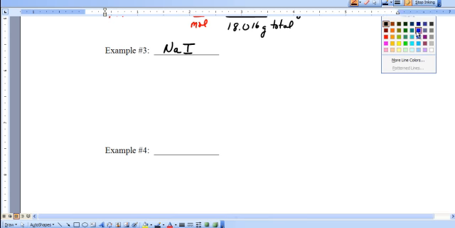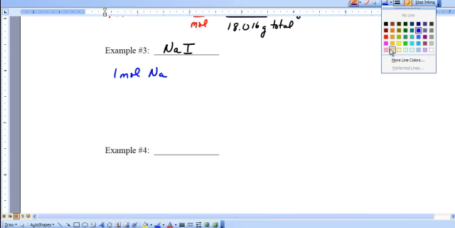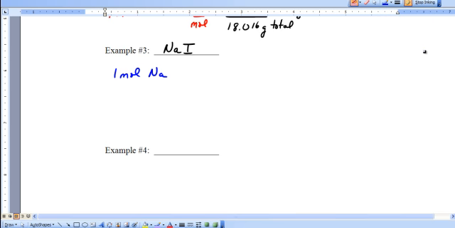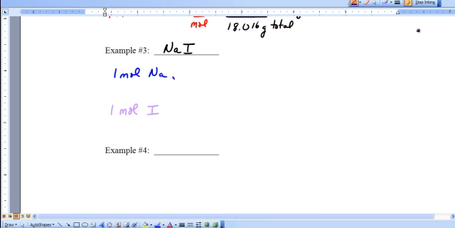So let's go ahead and write this down. We have 1 mole of sodium, and we have, let's go with a purplish color here since iodine is a purple substance, 1 mole of iodine, I. Now we want to change that into grams because it is a mass percent, or when you're dealing with percent composition. So sodium weighs 23.0 grams per mole, which means that we have 23.0 grams of sodium in 1 mole of sodium iodide.